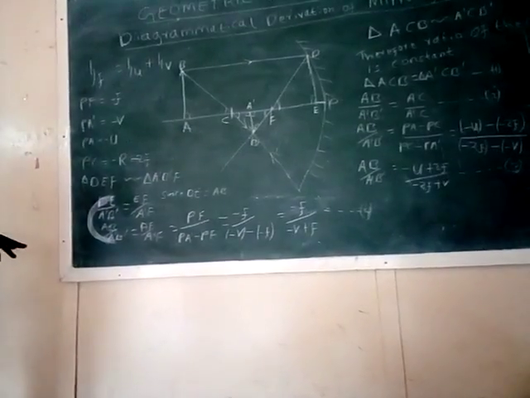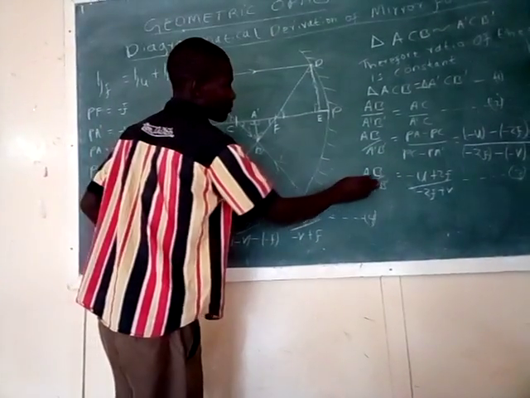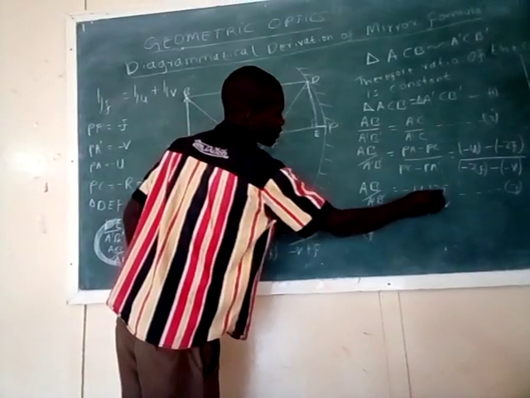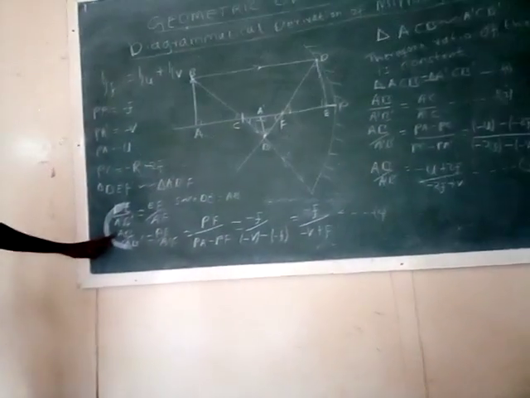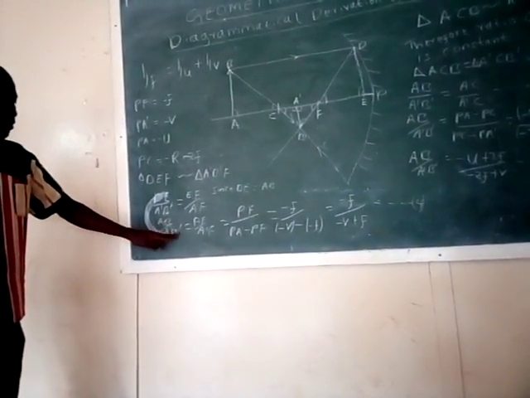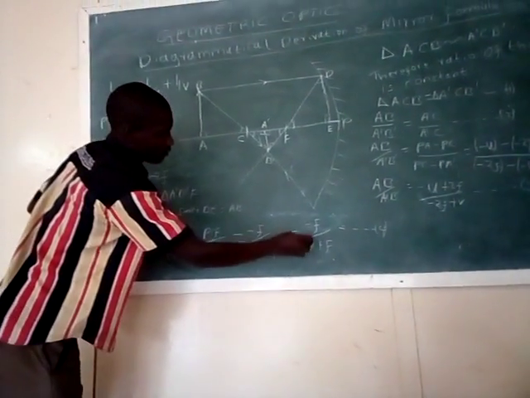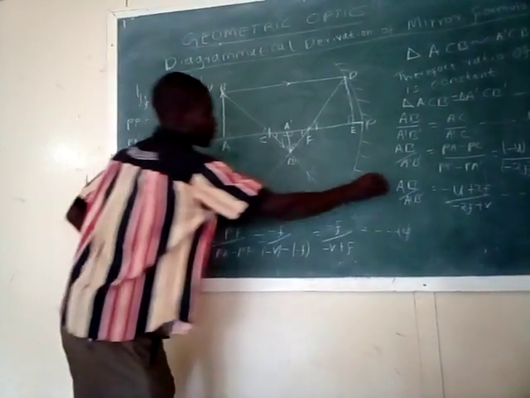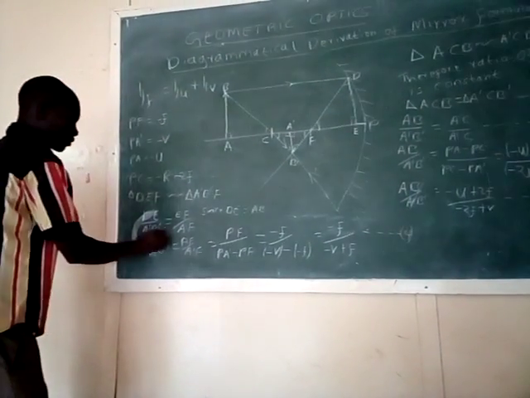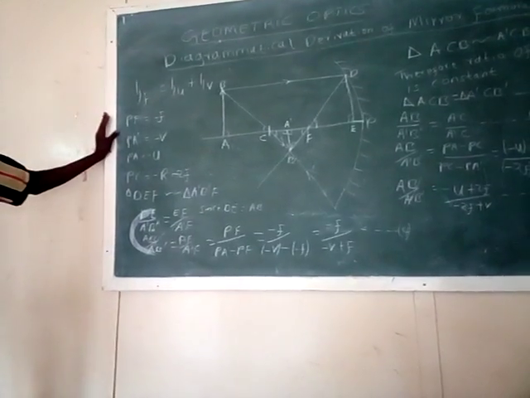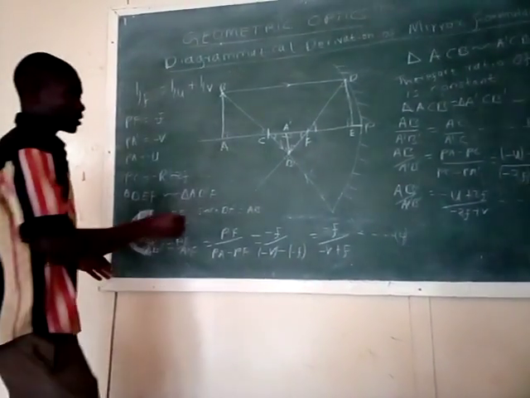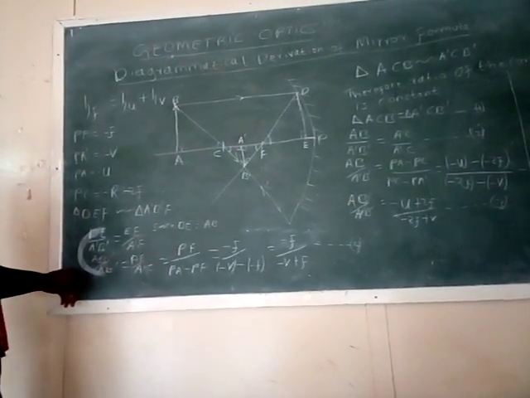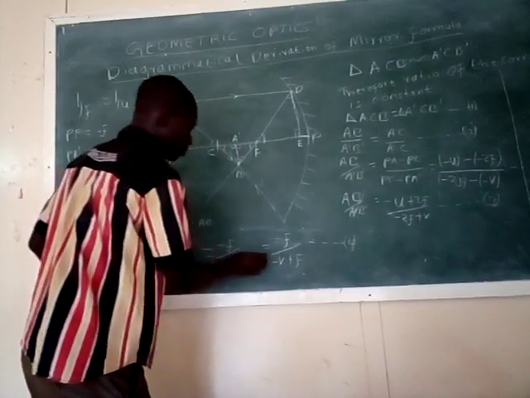The third equation says that AB over A prime B prime is equal to negative U plus 2F over negative 2F plus V. And the fourth equation says that AB over A prime B prime is equal to negative F over negative V plus F. When you equate these two equations, this one is going to cancel this. Therefore, we're going to remain with this is equal to this.